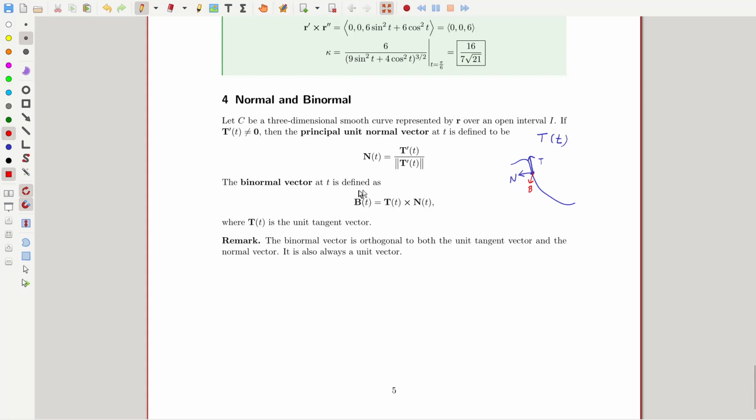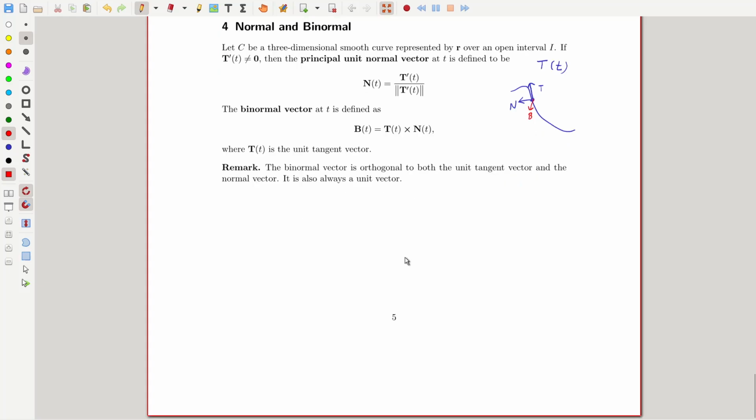And so the magnitude of B is also going to be 1. So T and N are unit vectors, and so is B. So this forms what the fancy term is an orthonormal basis.